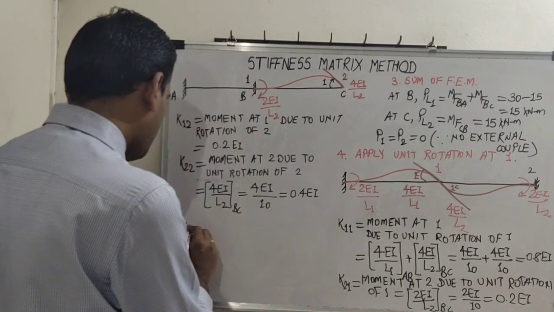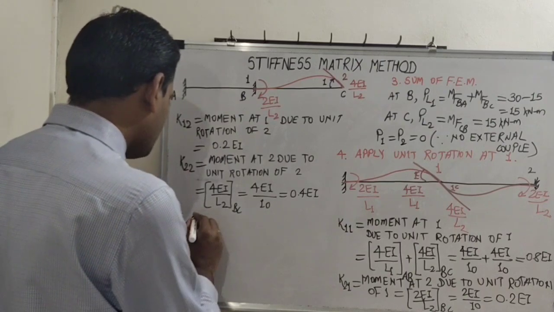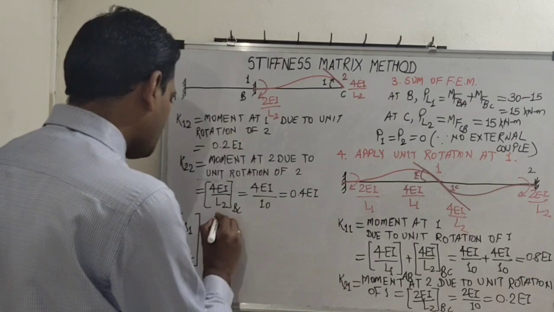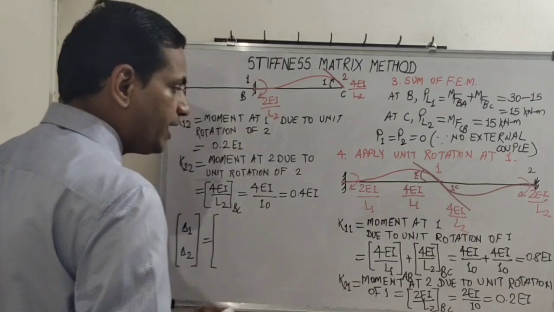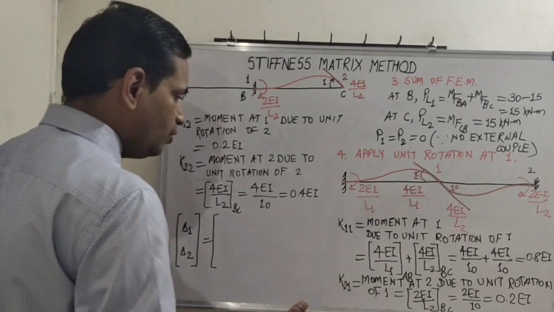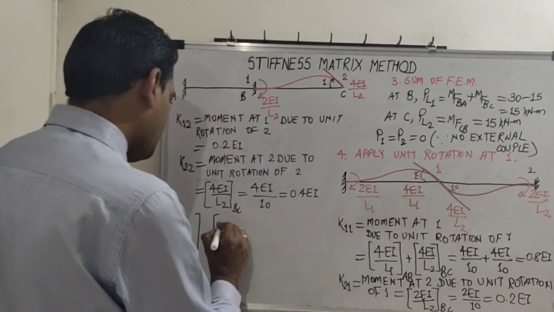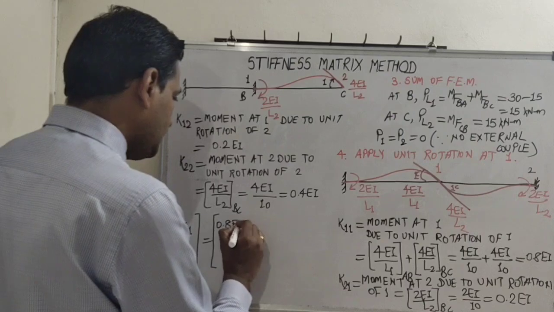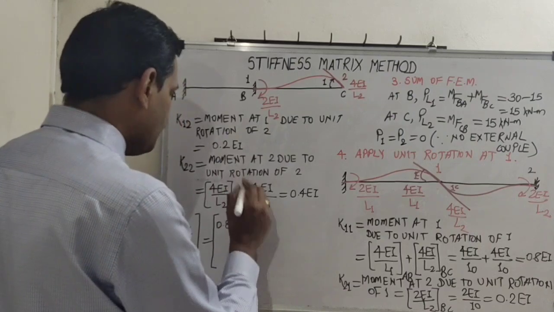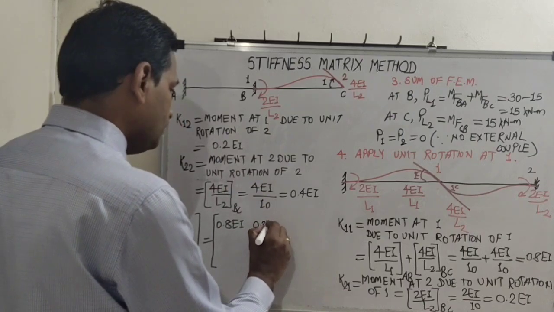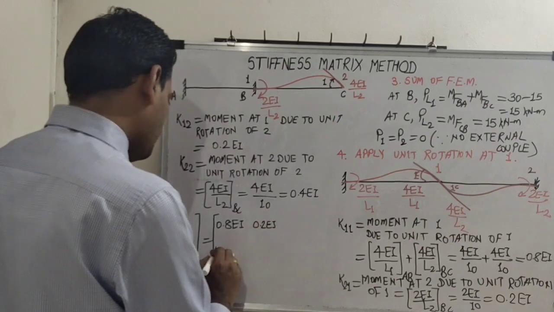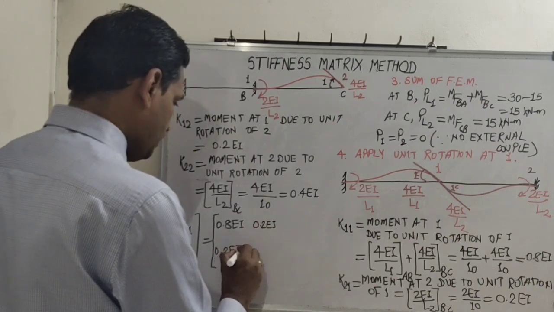So delta 1 and delta 2 are our two unknowns which are on the left hand side of the equation. Then the inverse of the K matrix, K11, K12, K21 and K22. So K11 is 0.8 EI. Then K12 0.2 EI. K21 is the same 0.2 EI.